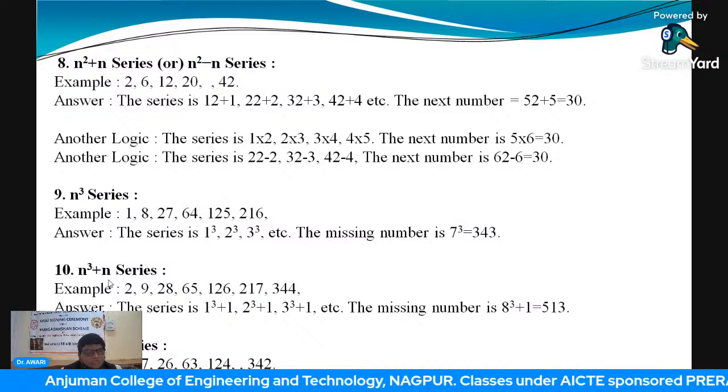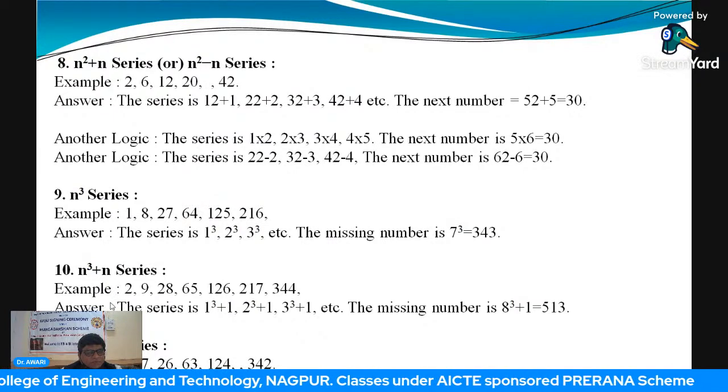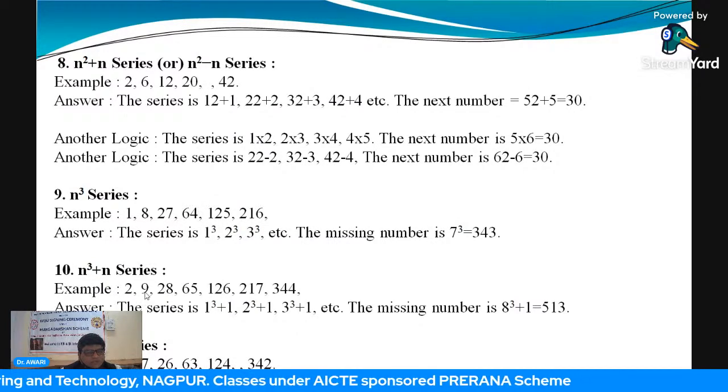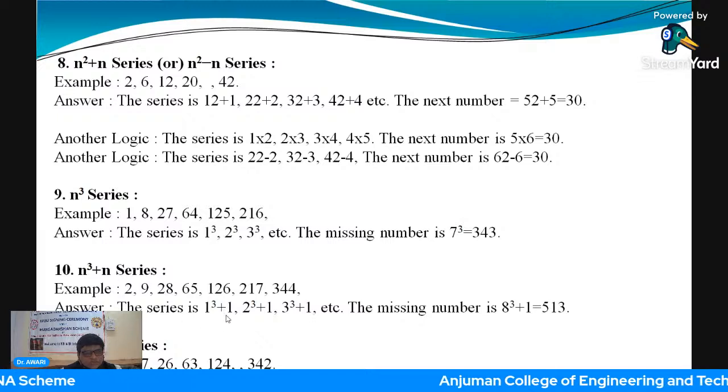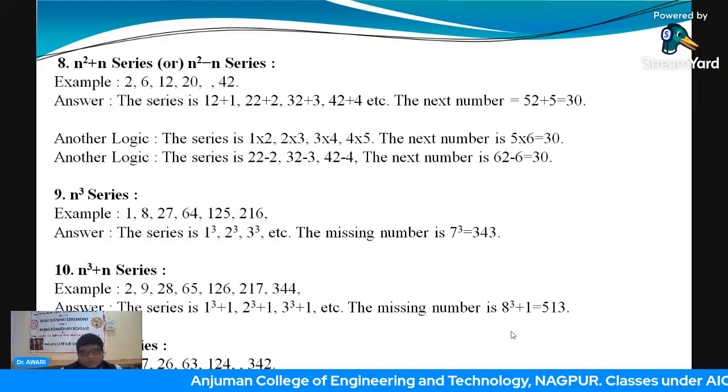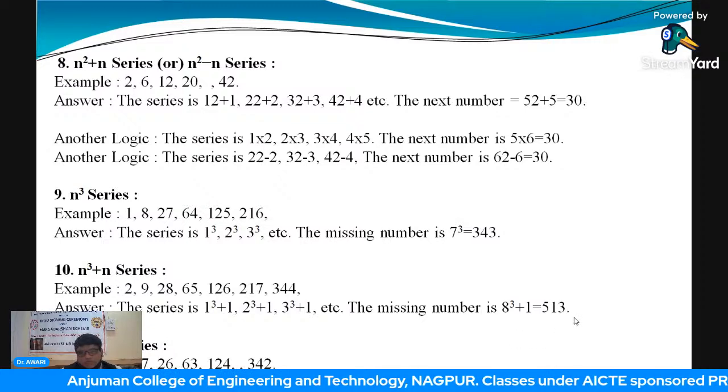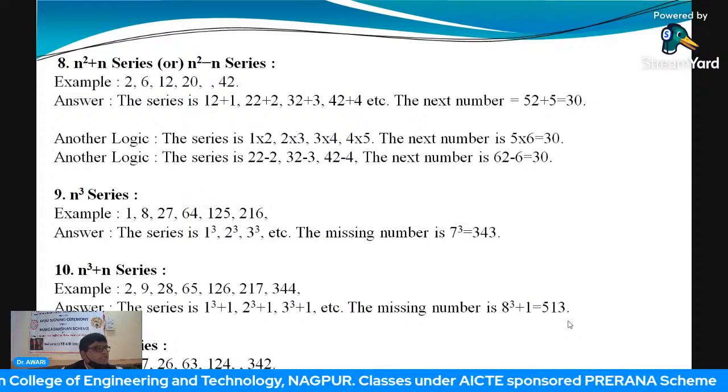Then the n cube plus 1 series. An example of this one is 2, 9, 28, 65, 126, 217 and 344. So the answer is, the series is 1 cube plus 1, 2 cube plus 1, 3 cube plus 1, and the missing number is 8 cube plus 1, equal to 513.